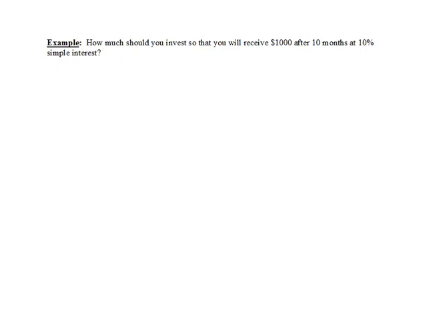How much should you invest so that you will receive $1,000 after 10 months using a 10% simple interest rate? So here our R is 0.10. Our T is 10 months. So again, we divide by 12 to get the year.